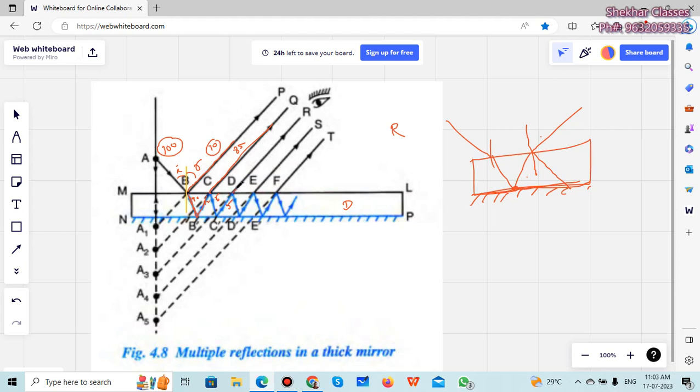Out of this 5, 4 goes this way and 1 is here. Out of this 1, again 1 is reflected because this is a reflecting surface. Say 0.08 has gone out and 0.2 is here.